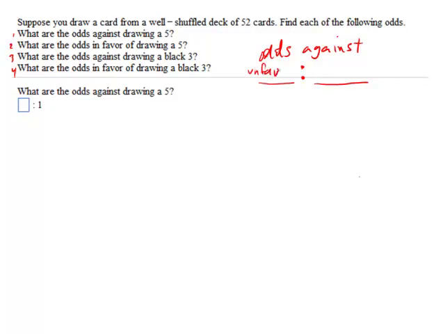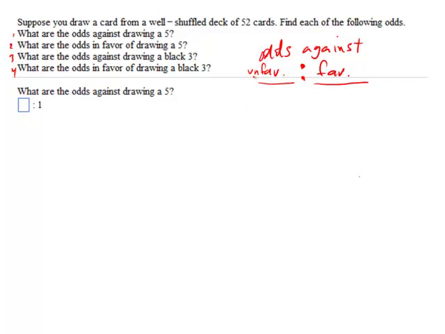Got a good start. Unfavorable. And then with the dots, you don't put the total, so it's unfavorable and favorable. Very good. The total comes in when you go to probability. So unfavorable and favorable. Okay.